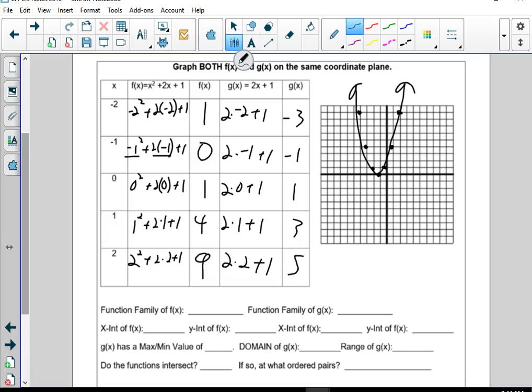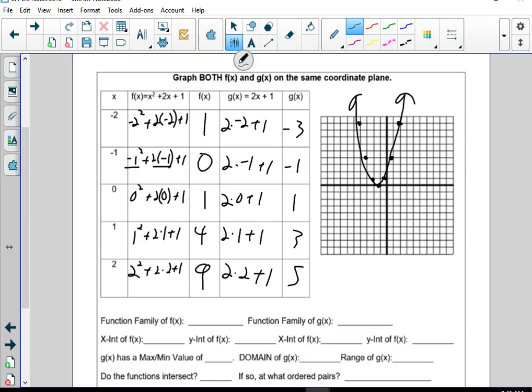Now we're going to do our line. Now I know what I was doing. I was looking at 1, negative 3 when it's negative 2. This is my x. So negative 2, negative 3.